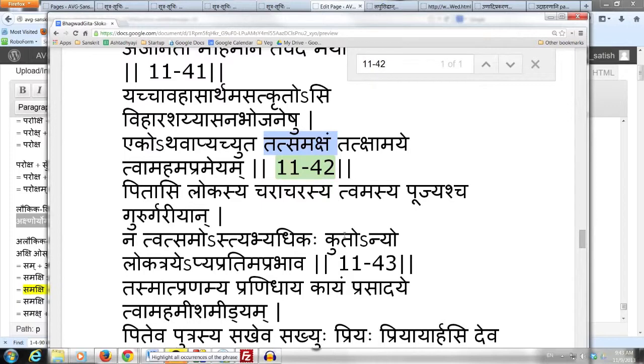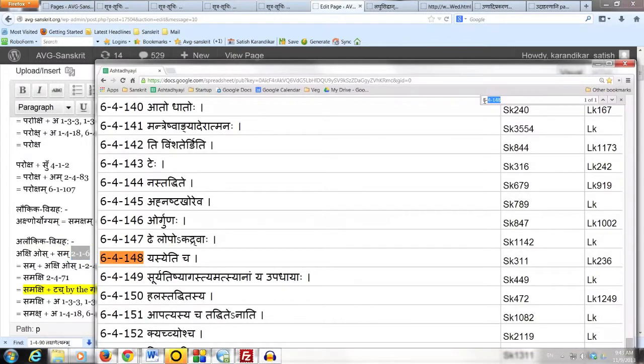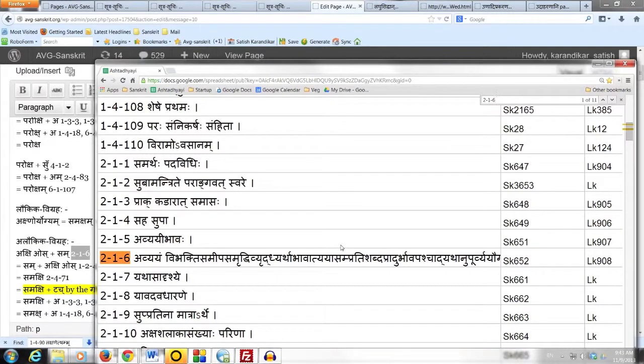Okay, the alaukika vigraha vakyam is akshi os plus sam. Here the compound is prescribed by Sutram 2-1-6 because we have the avyayam sam used in the sense of yogyata, which is one of the meanings of yatha mentioned in 2-1-6. So therefore we go ahead and form the compound between akshi os plus sam. The remaining steps are well known to us.